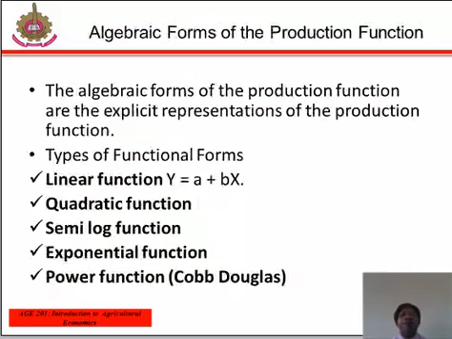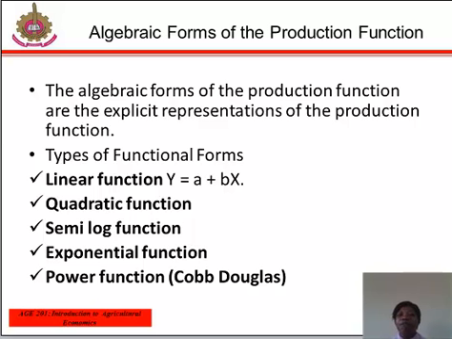The algebraic forms of production function are the explicit representation of the production function. The type of algebraic form that will be used depends on these three considerations.